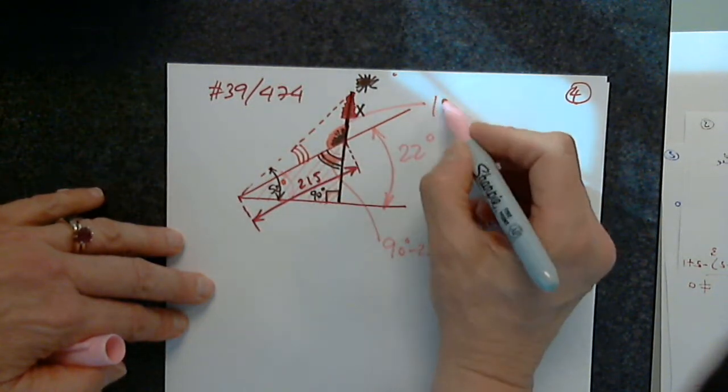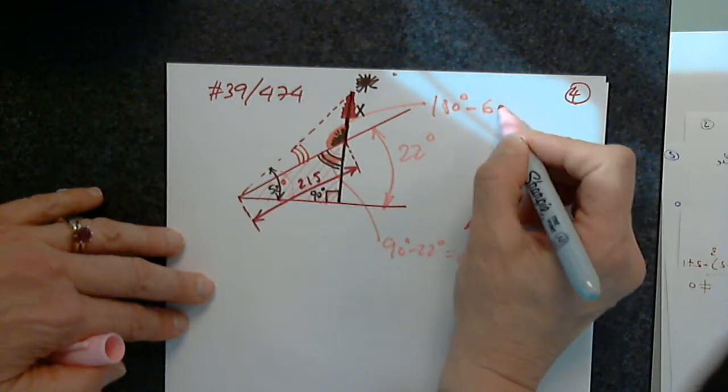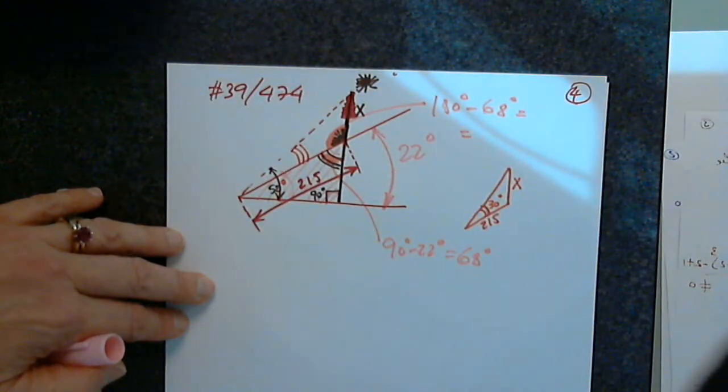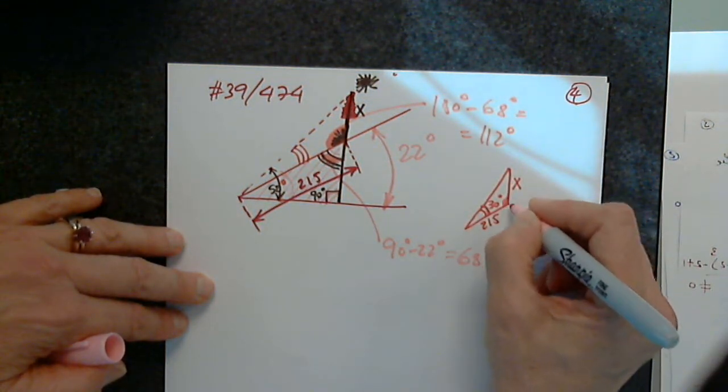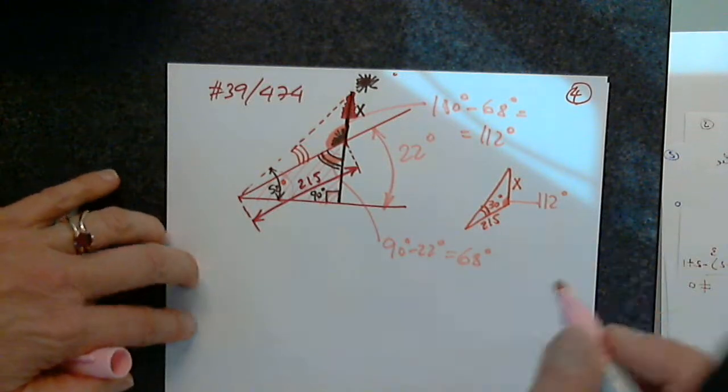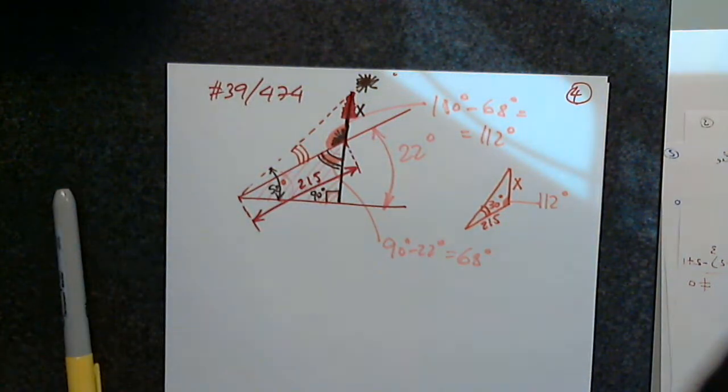So this piece is 180 minus 68 degrees. So I also have this piece, which is 112 degrees. Yeah. So basically I have all angles in this triangle, but I really don't need all angles.